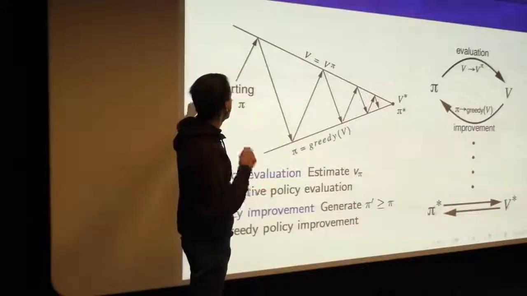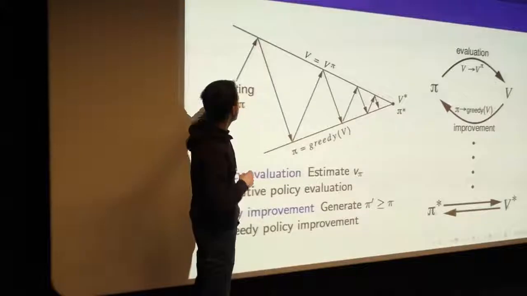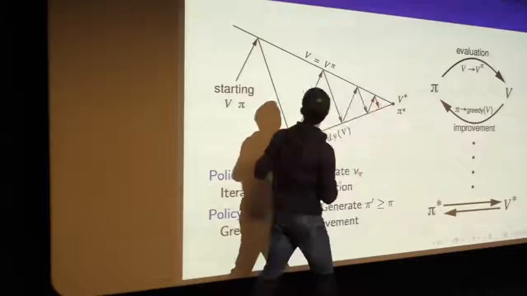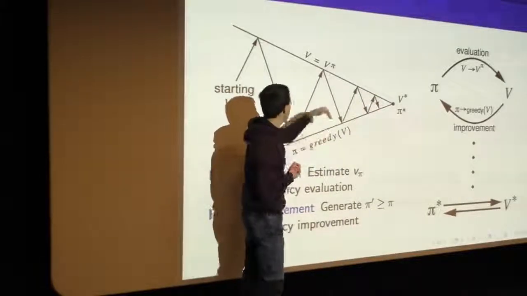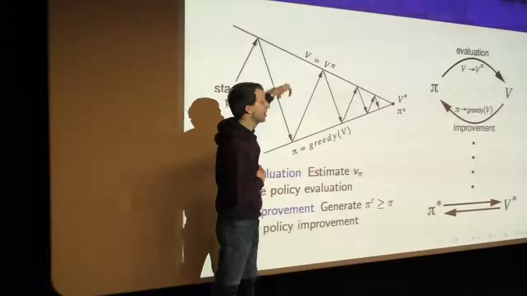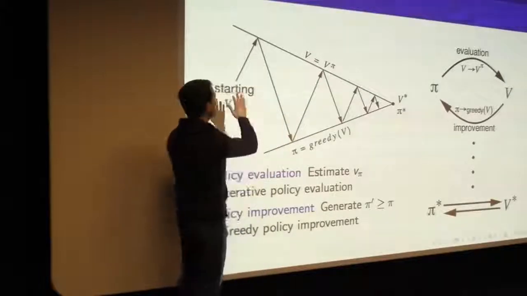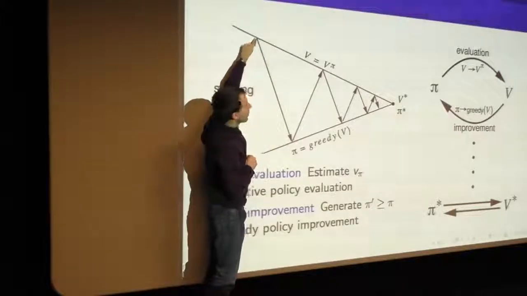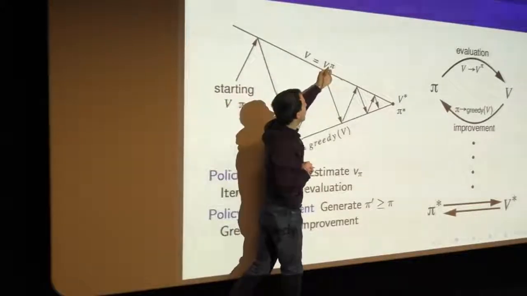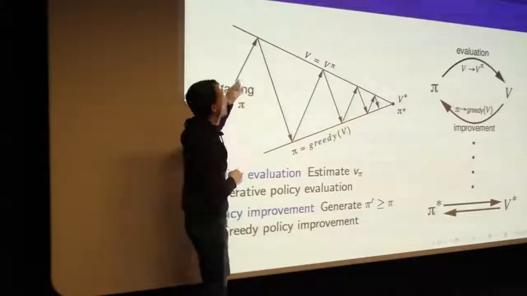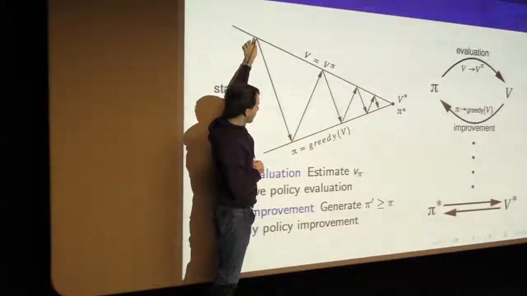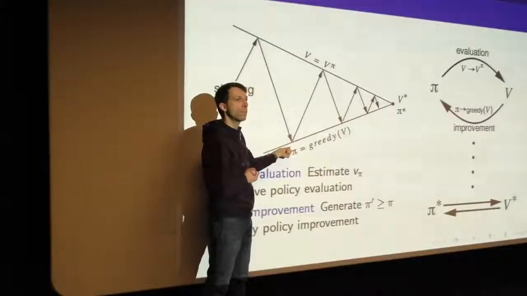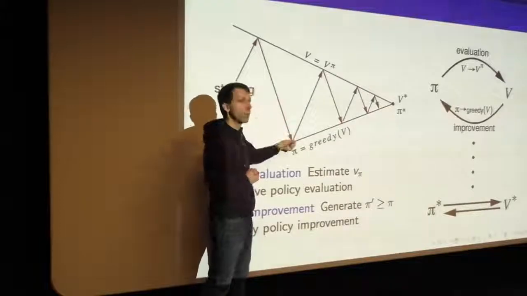We do policy evaluation on the up arrows, and policy improvement on the down arrows. So we start off with a V and pi, and we set our value function to evaluate exactly this initial policy on this first arrow. Once we've got that value function, we act greedily with respect to it to give us a new policy.